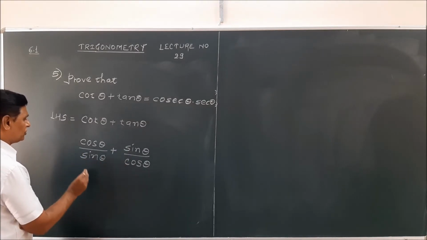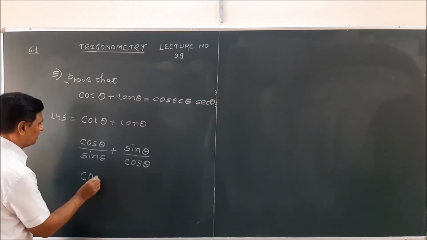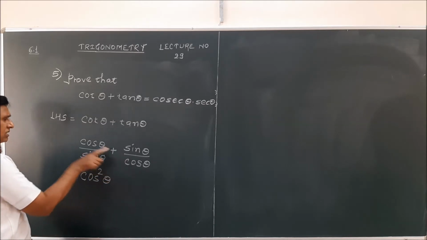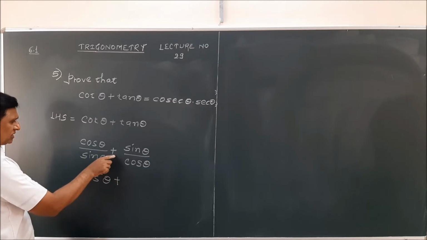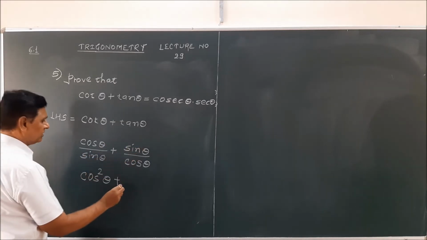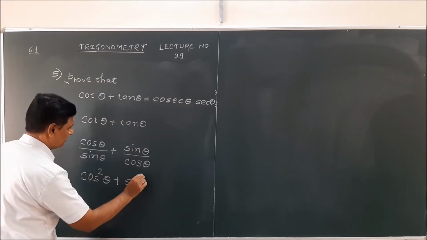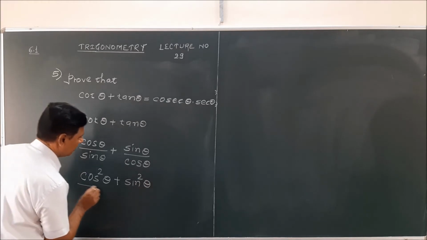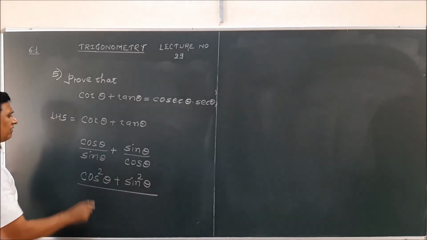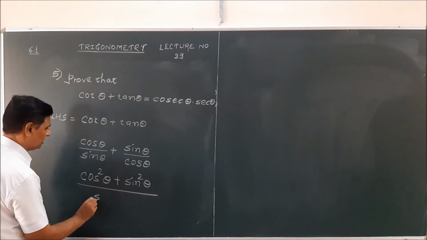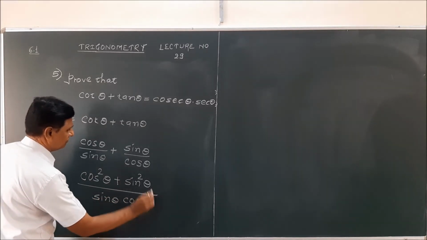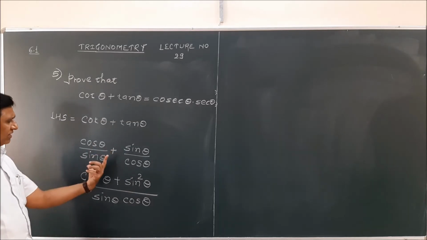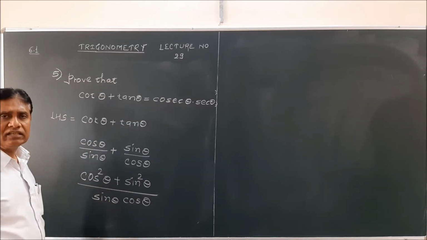Cos theta into cos theta, cos square theta, plus same, sin theta into sin theta, sin square theta, whole divided by sin theta into cos theta.